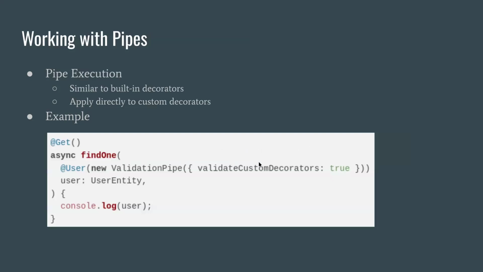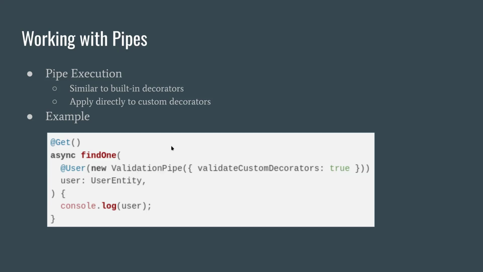Working with pipes. NestJS treats custom param decorators the same way it treats built-in ones like the Body, Param, and Query decorators. This means that pipes, which are used for validation and transformation, are executed for custom annotated parameters as well.